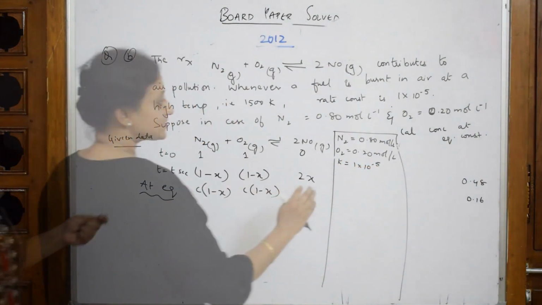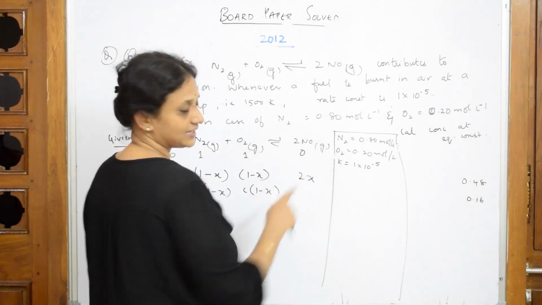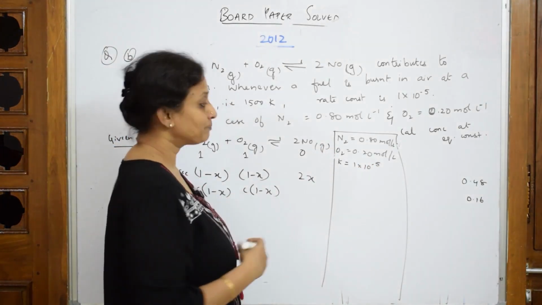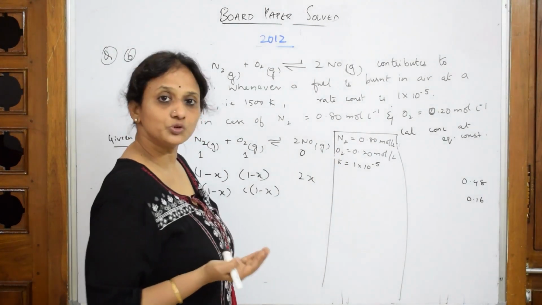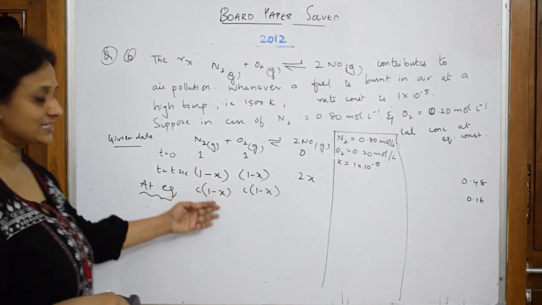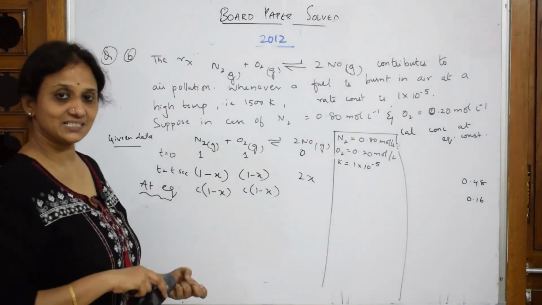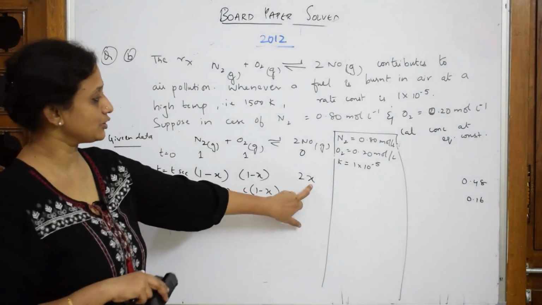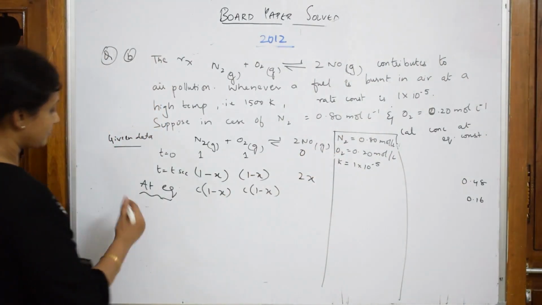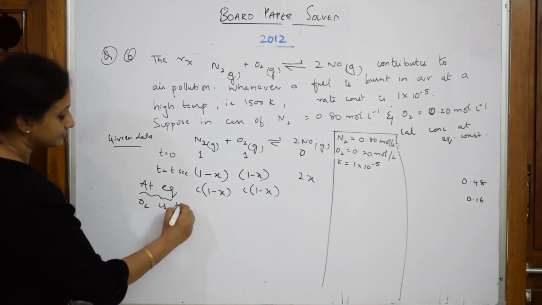Now, in these two reactants, what is the limiting reagent? Basically, the reactant which is consumed the most is the limiting reagent. Without the limiting reagent, I can't find the C minus X value, since I don't know what X is. So let us find this X value first. When I compare these two, oxygen is the limiting reagent.